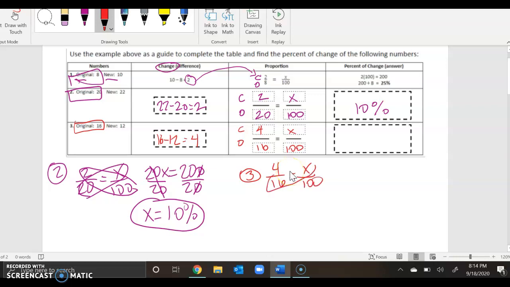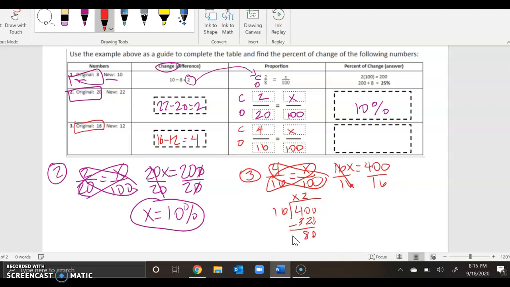Cross multiply 16 times x, 100 times 4. To get x by itself, we divide both sides by 16. So top number goes in, bottom number goes out. 16 will not go into 4, but it will go into 40 2 times. 16 times 2 is 32. 40 minus 32 is 8.